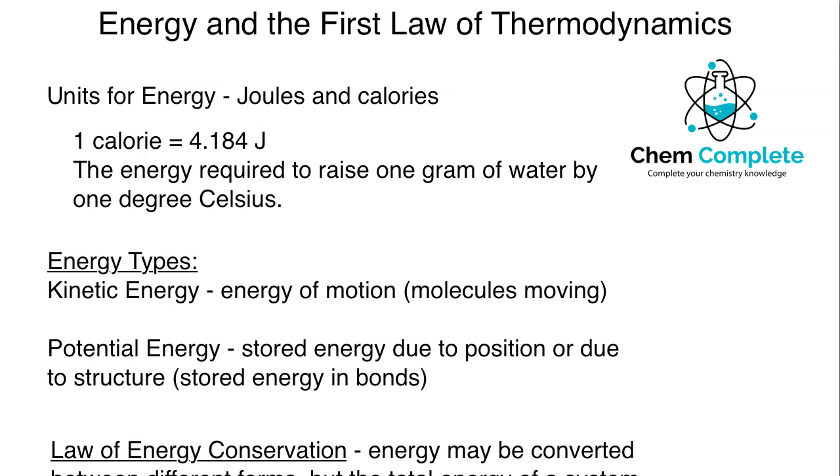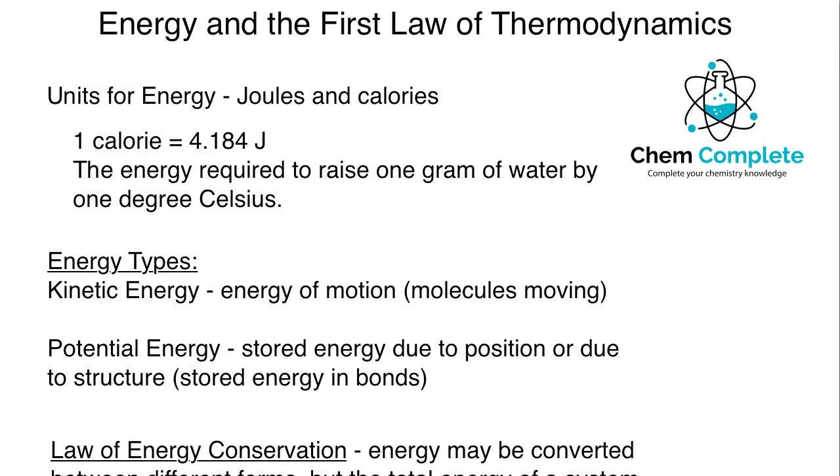A kilocalorie, if you're over in Europe or some other place, or a calorie with a capital C, if you are in the United States, which is your food calories, make up 1,000 of these smaller calories that we are going to define here today. So take food calories and kind of put that out of your mind when we're discussing this. They are certainly interrelated through the metric system, but they are not the same thing here.